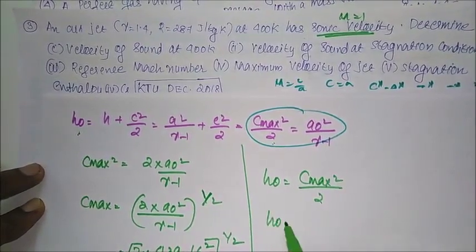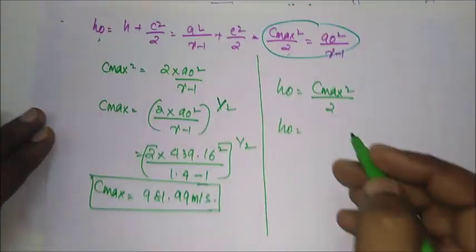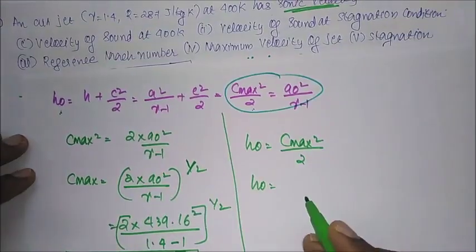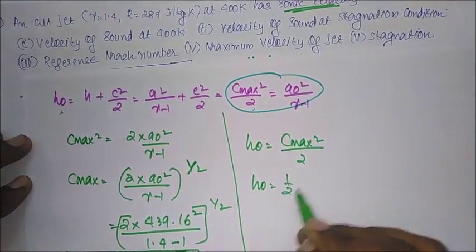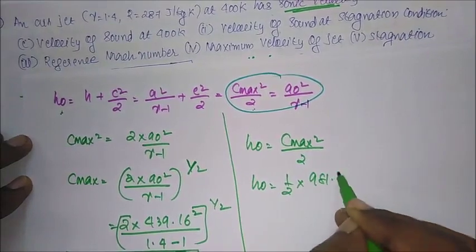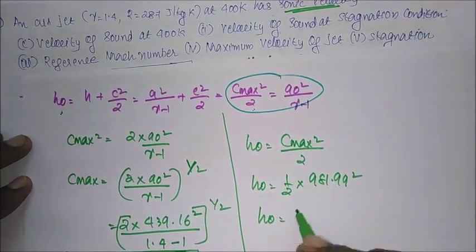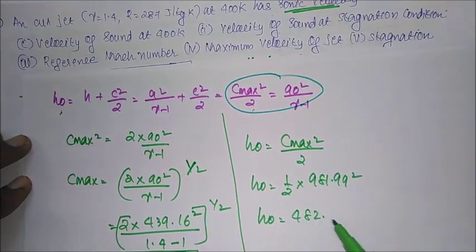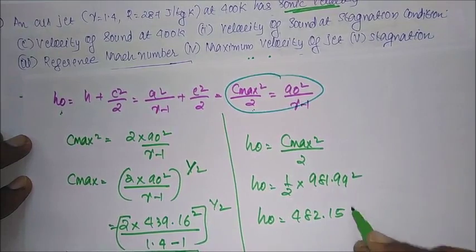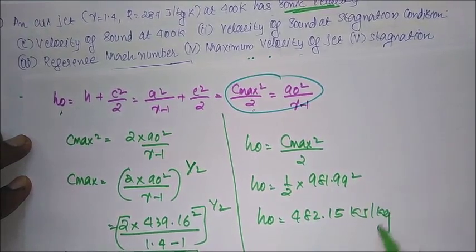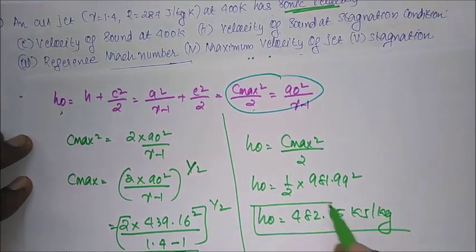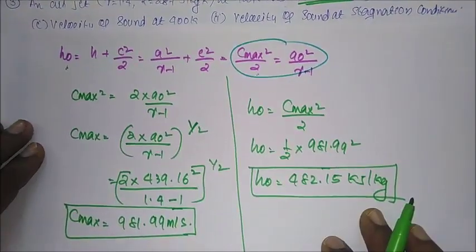Therefore h0 is equal to 1 by 2 into 981.99 square, where c max is the maximum fluid velocity. That is h0 approximately 482.15 kilojoule per kilogram.